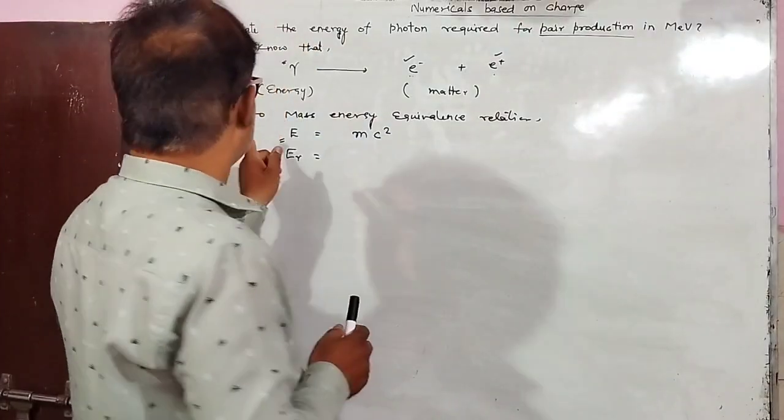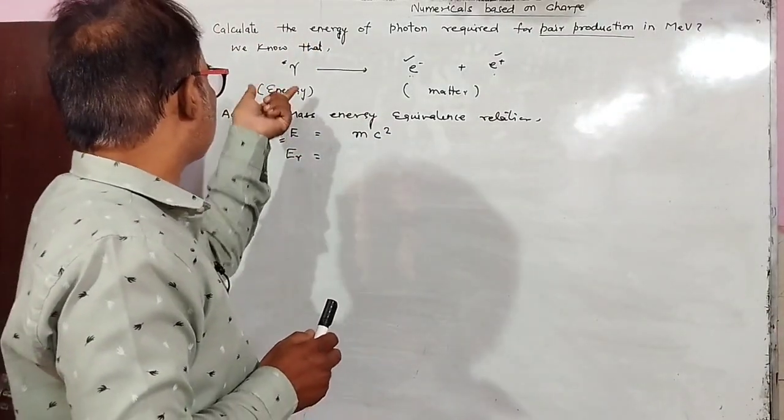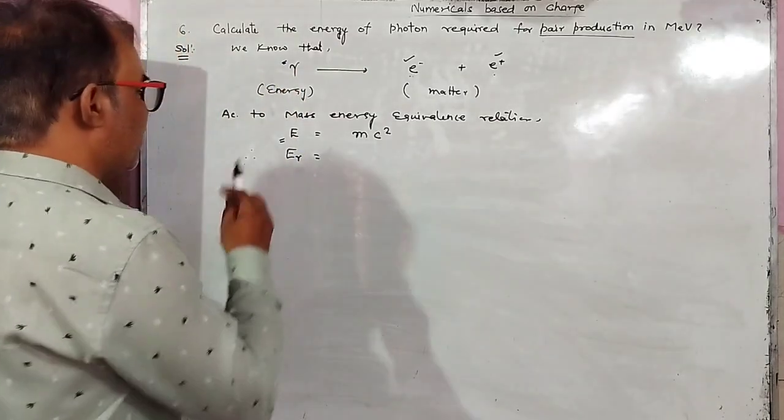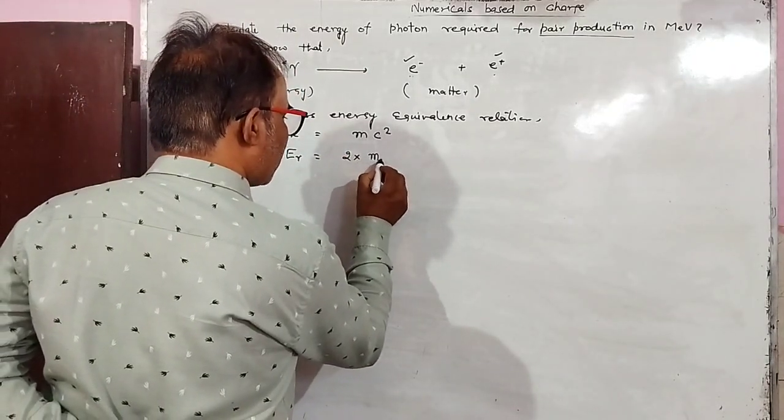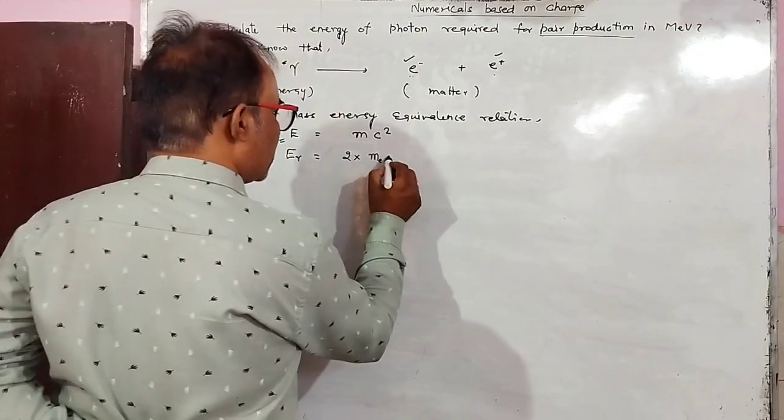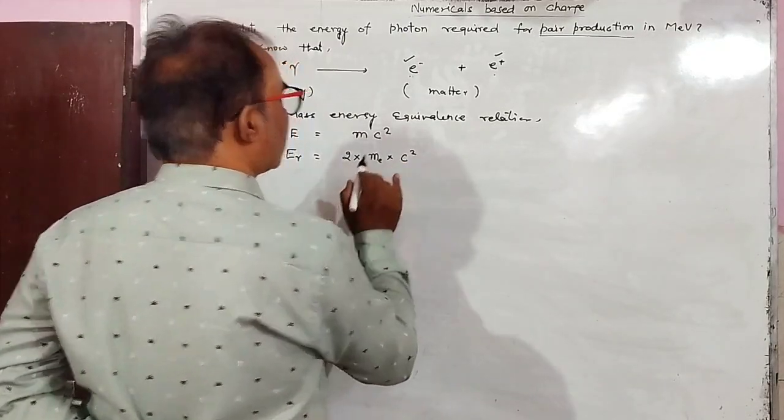Therefore the energy of this gamma ray photon will be equal to 2 into mass of electron या positron into c square.